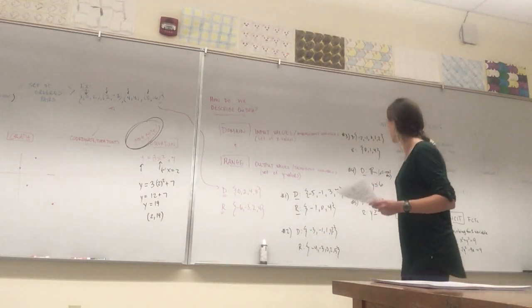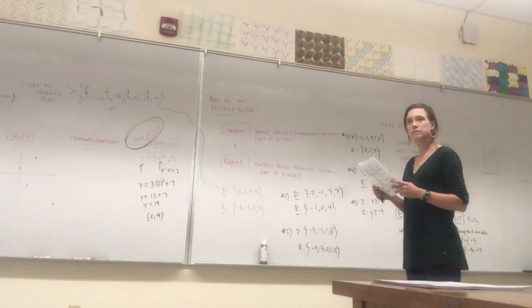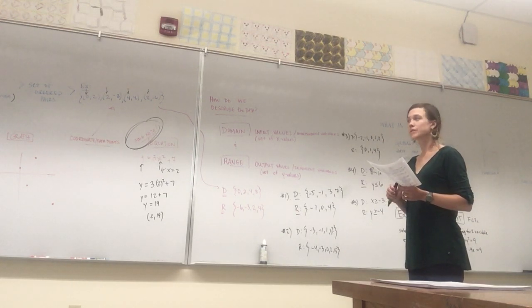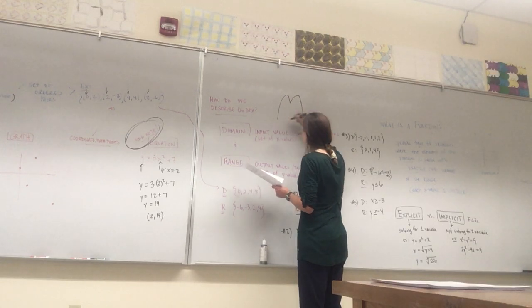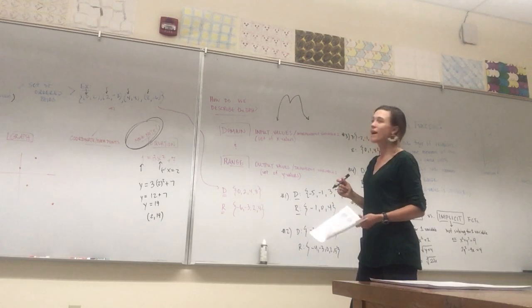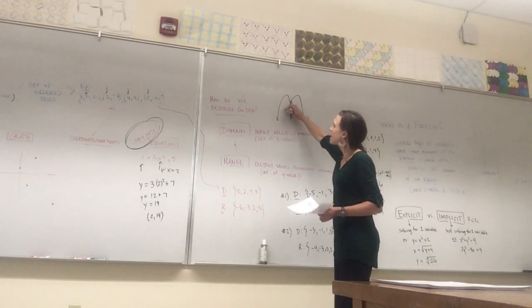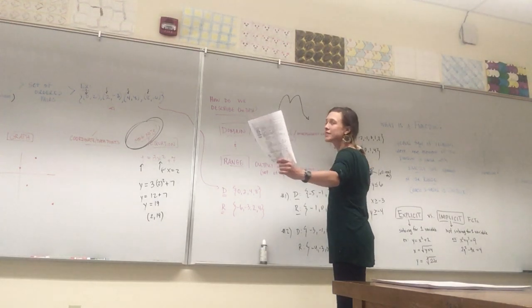Can we go back to number 4 for a second? I'm kind of confused on how the domain is all real numbers. Do you see how these arrows are expanding out in the x direction?